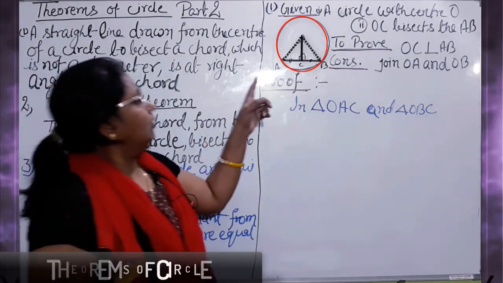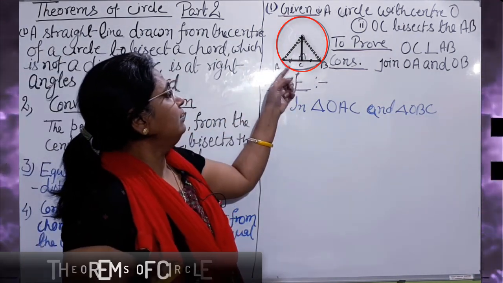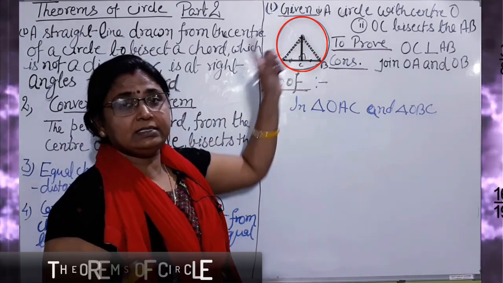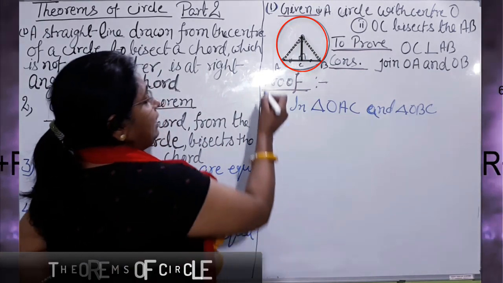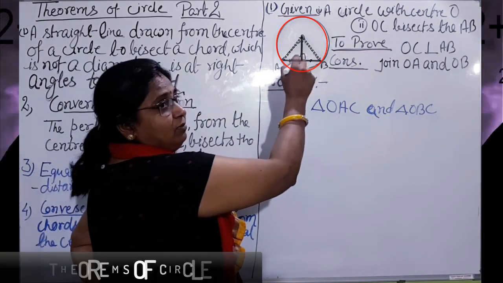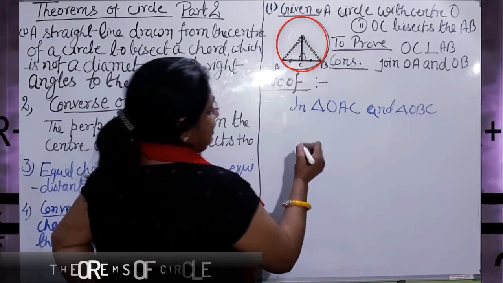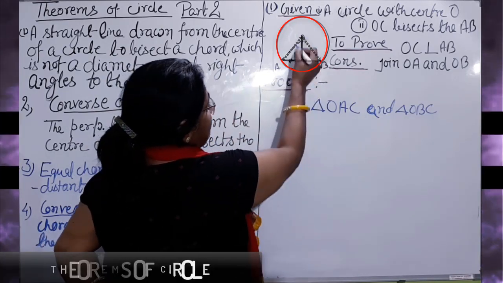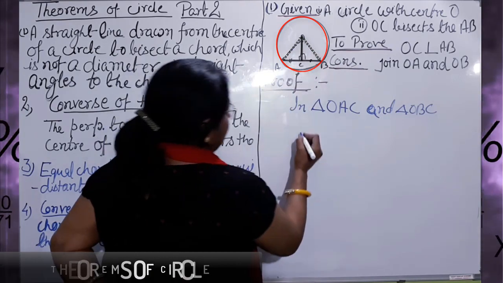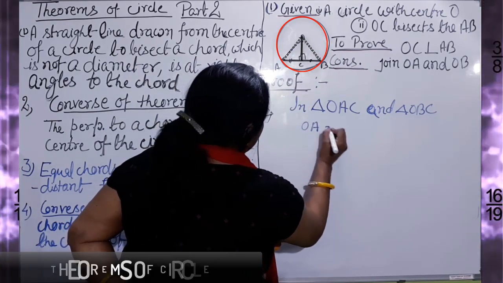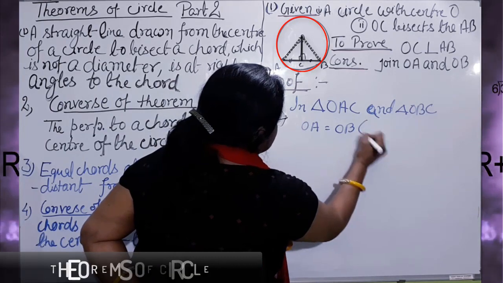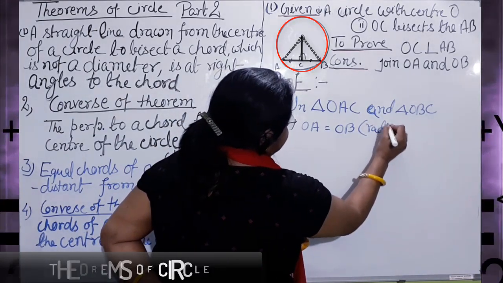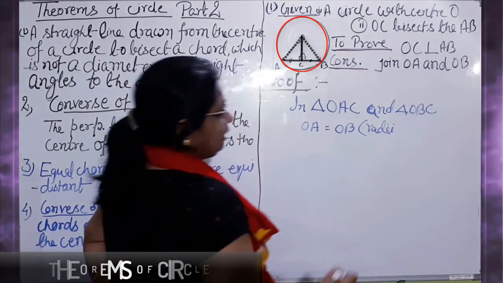All of you understand, in a circle the fixed distance from the circumference to the center is a radius, and all radii are the same. That's why in triangles OAC and OBC, OA is equal to OB, both are radii.